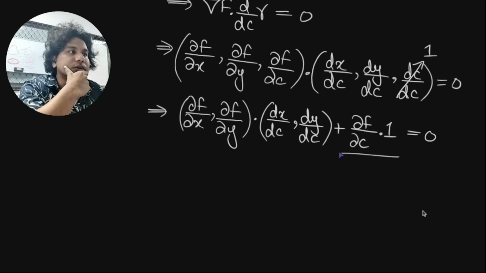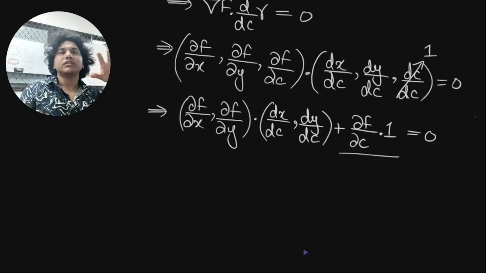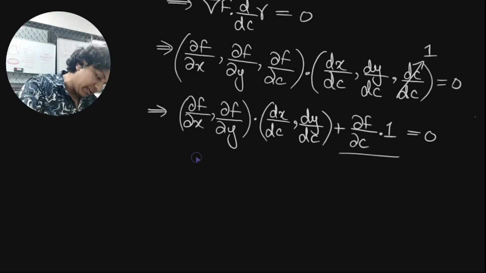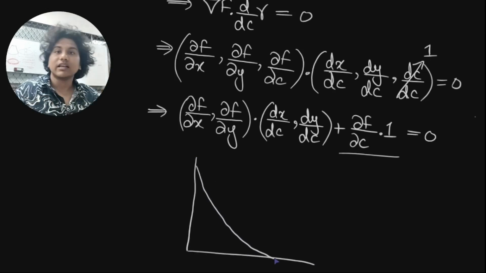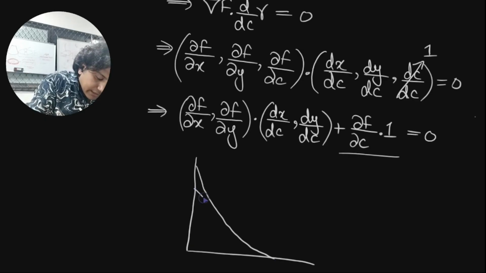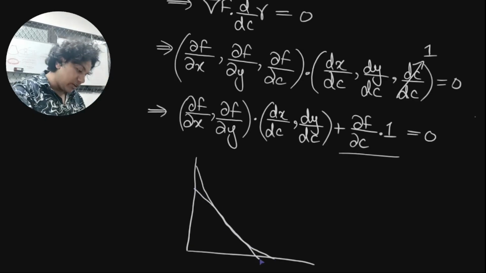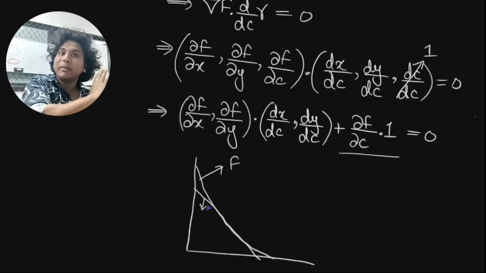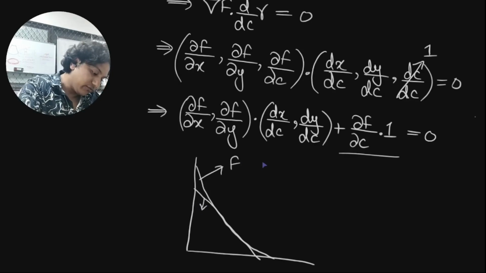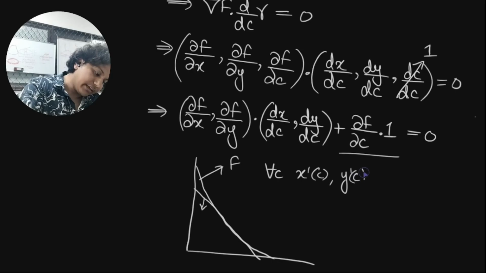Now, what you need to understand from the geometric meaning of this entire problem is that we have this graph where we have this asteroid curve, and we have a line that is tangent to this curve. Now, this is our function f, and this is our tangent, independent of c. Independent of c, for all c, the derivative of x and the derivative of y form the tangent of f.